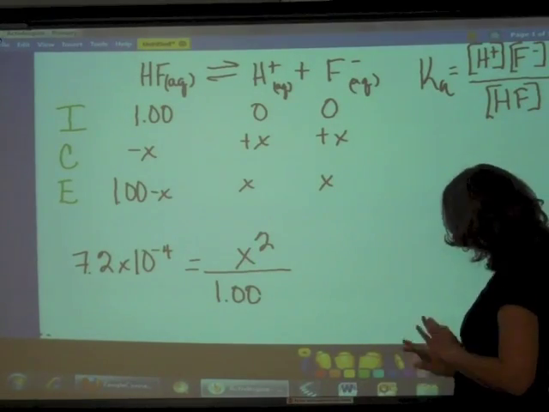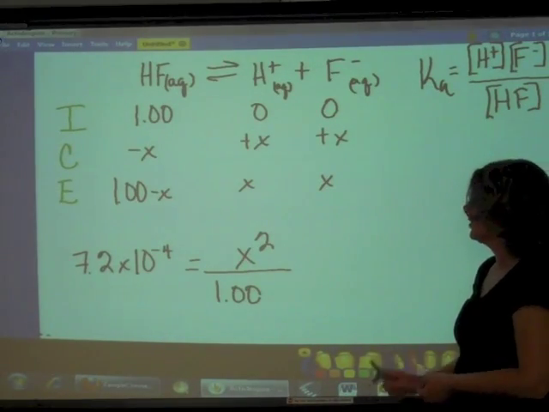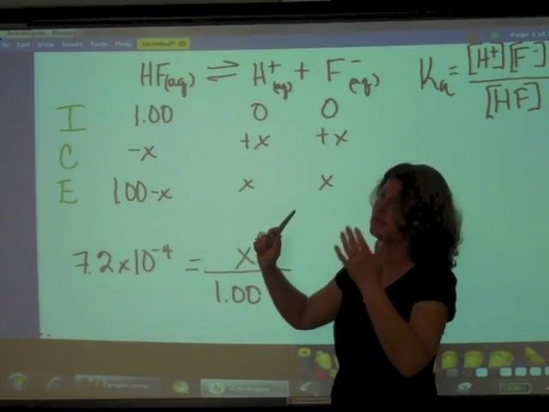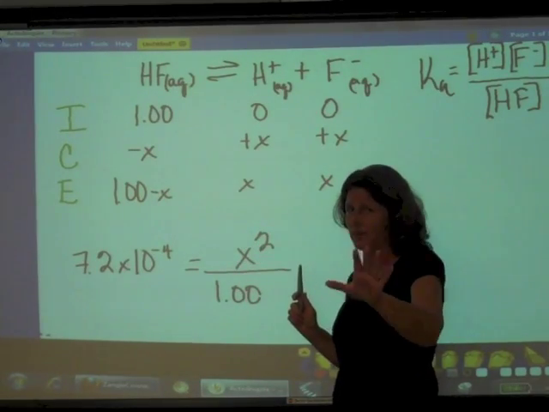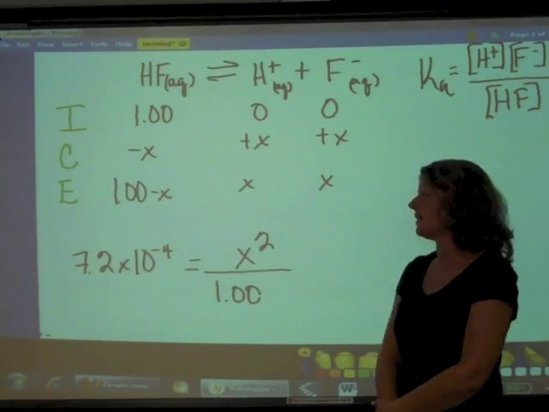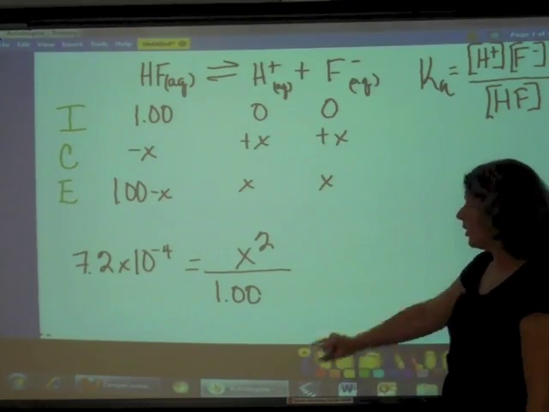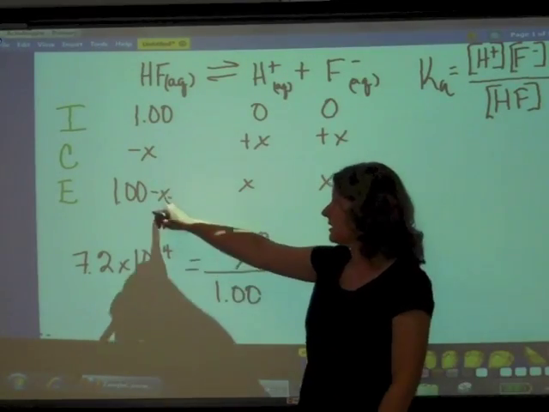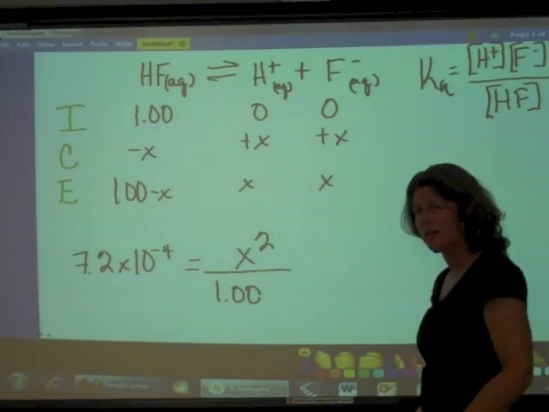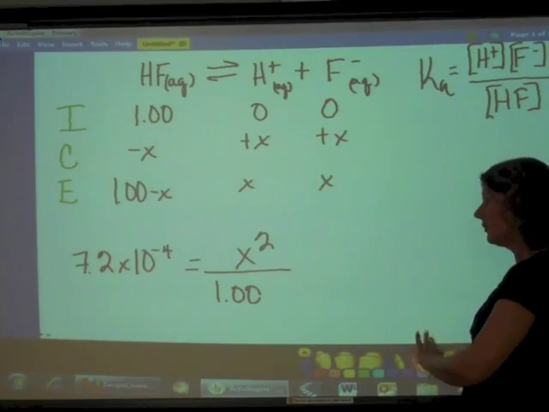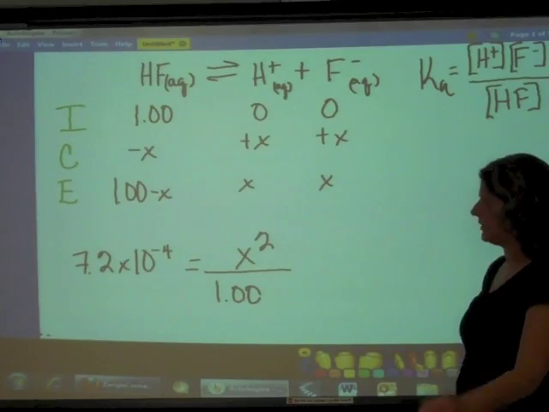So from this point on, when we've got these small K values that are less than 1, we're going to call this x that's getting lost here negligible just to make our math easier. Okay, and then we'll check it.